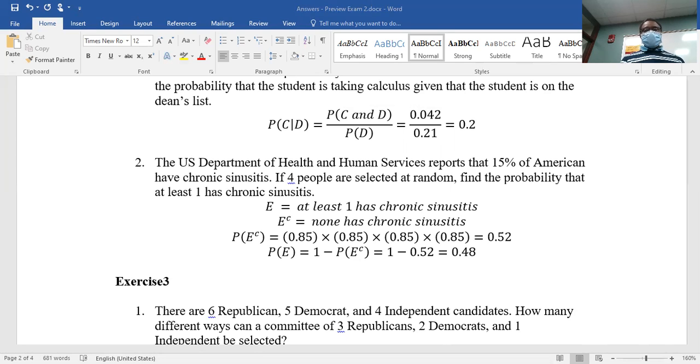Number of successes, 1. But you have to be careful that you can determine that it is actually a binomial distribution. So at least one is this last one, greater than or equal to 1. So you have the answer 0.48.